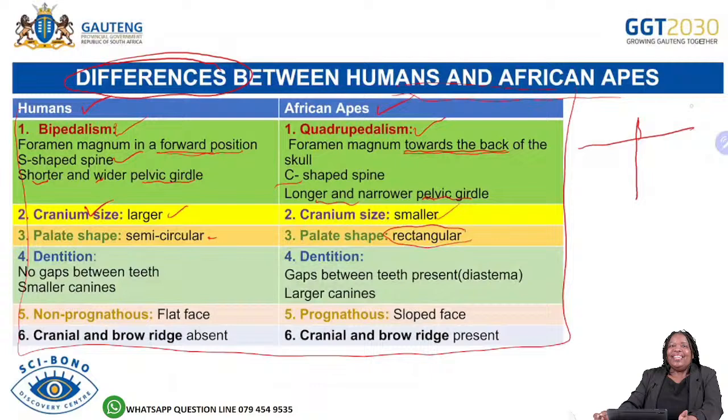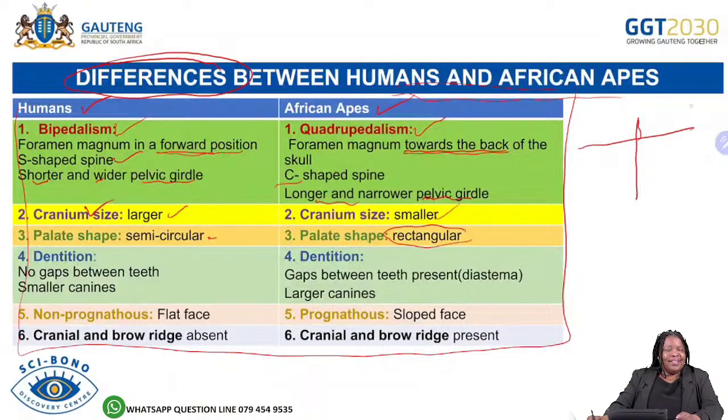Now, let's talk about the dentition in humans. Remember, all the types of teeth that you have: you talk about the canines, incisors, you talk about the molars, the premolars, all of them. They are 32 in an adult, right? When you have all the correct dental formula, all your teeth are there, they are 32. Now, in terms of the dentition, look at yourself, look at your friend, okay?